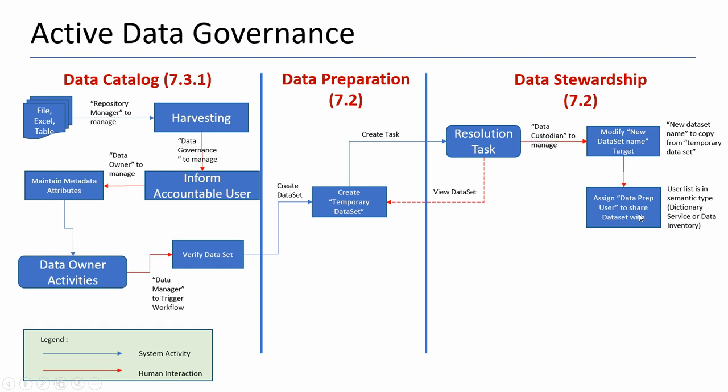So we already created predefined data prep users who are entitled to see a dataset in data preparation. So in this case the data custodian can assign, or just choose in the pick list or drop down list, any users that he wants to assign to this new dataset.